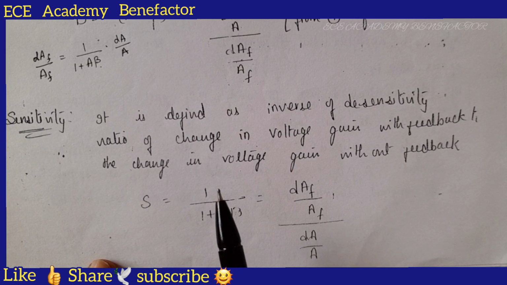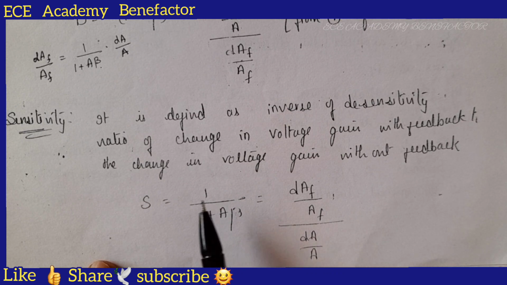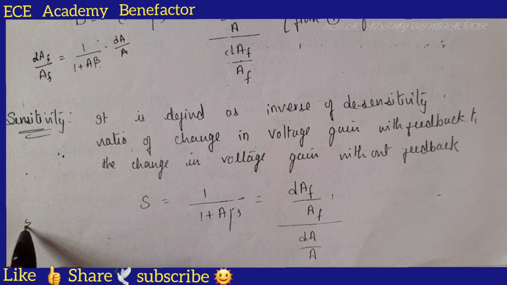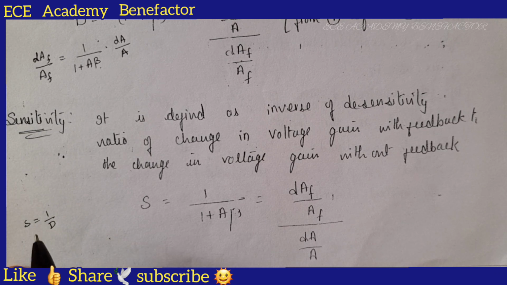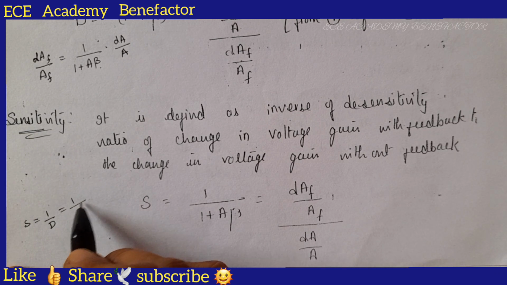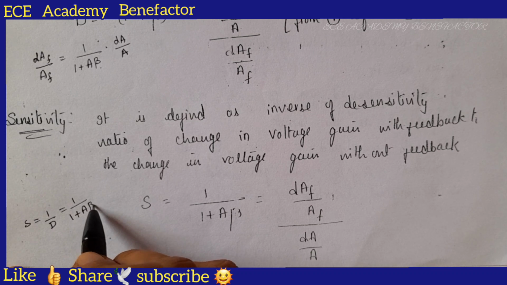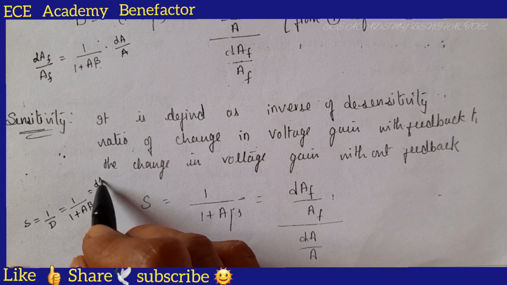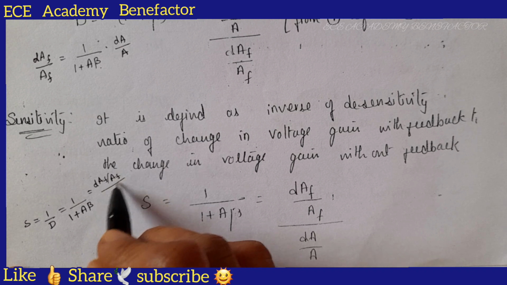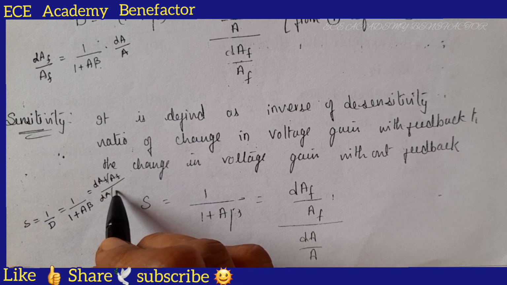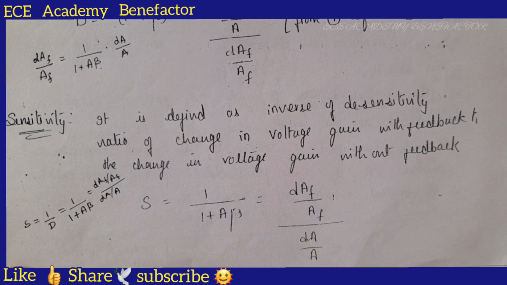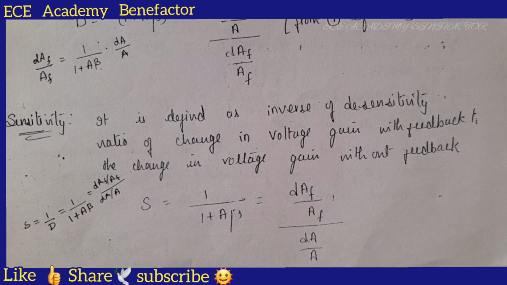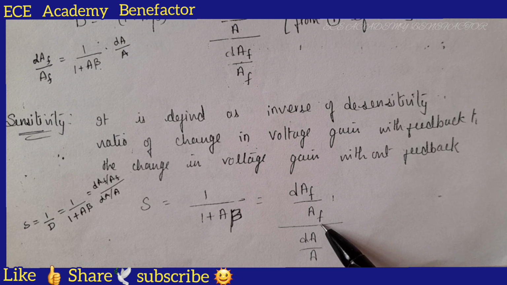The next definition is sensitivity. Sensitivity S is equal to 1 by D. What is the D equation? S is equal to 1 by 1 plus A beta, which is equal to dAF by AF divided by dA by A. This is the sensitivity equation.